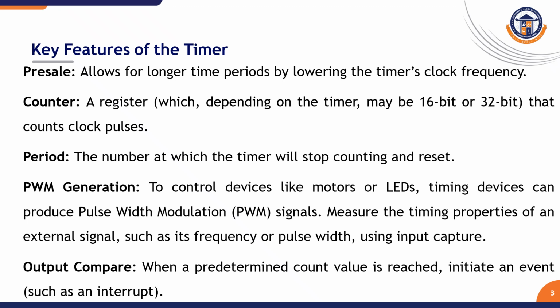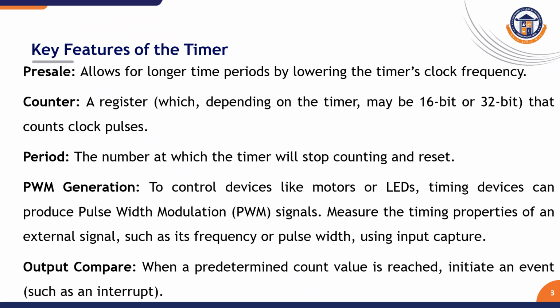Pulse width modulation generation: as we know, most motors and LED controllers are done with pulse width modulation generation. So it's a timing device that can produce the PWM signal and measure the timing properties of external signals such as frequency or pulse width using the input capture.